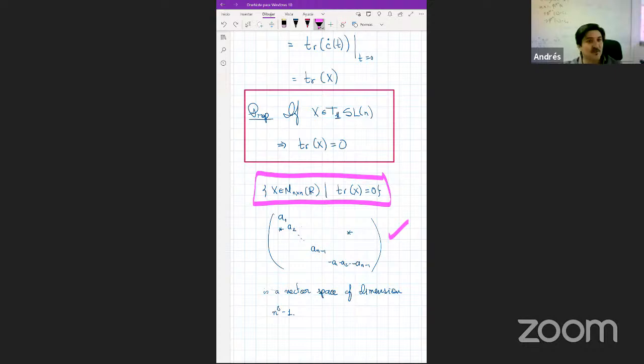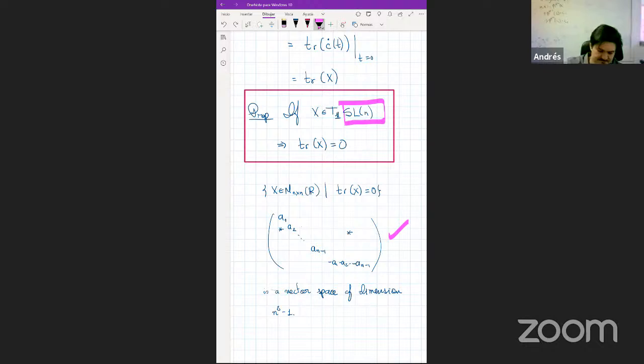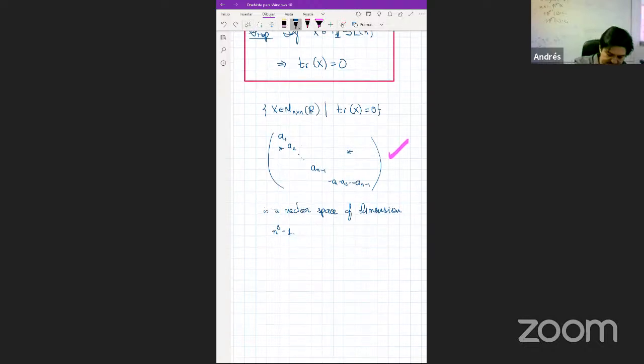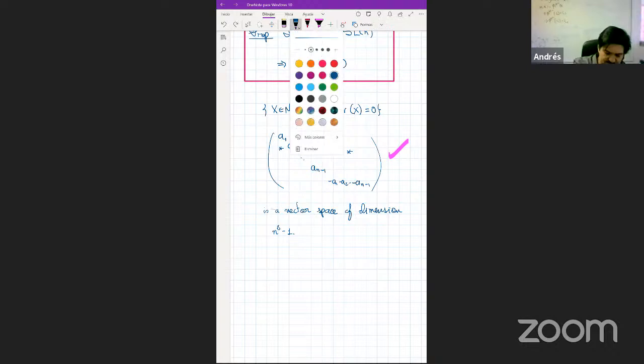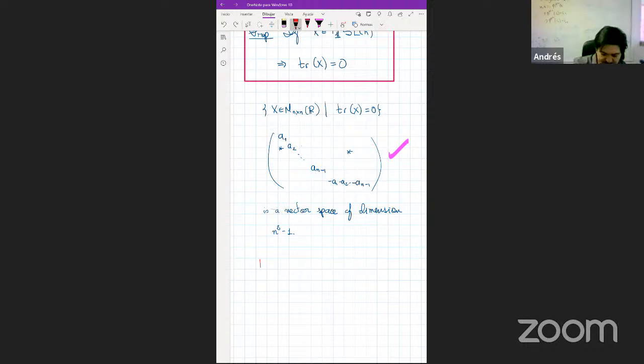If we knew the dimension of SL, which happens to be n squared minus 1, we are done. Exactly this space is this one here. So the Lie algebra, and with this I will end the class.